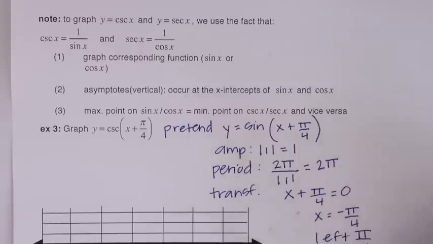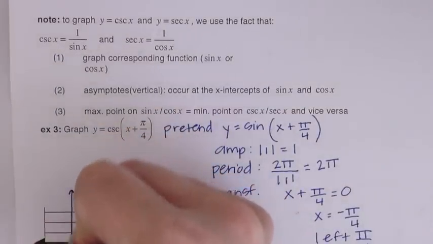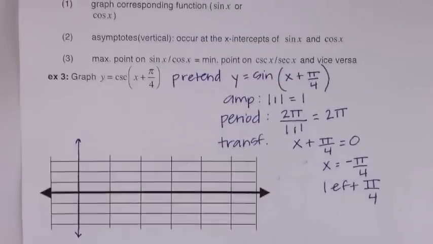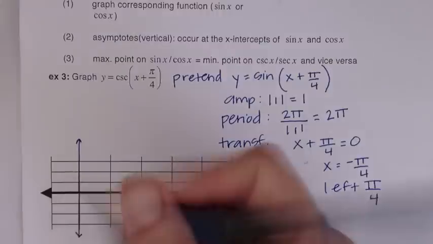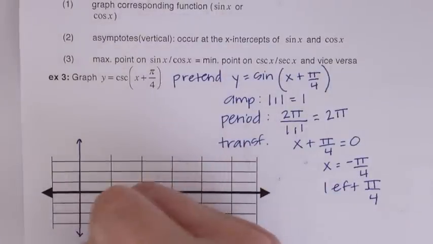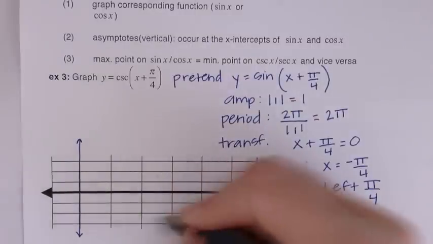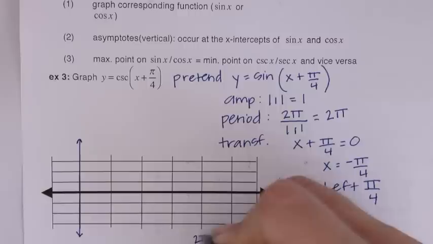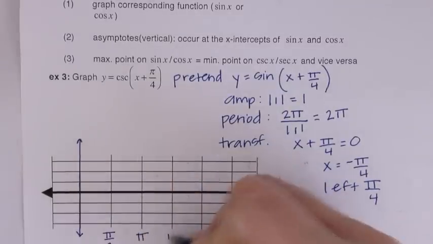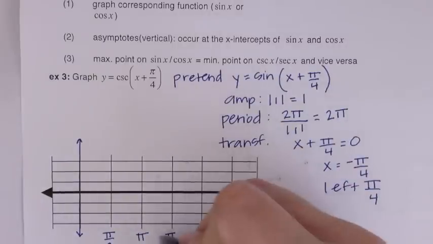So when we go ahead and set up our thing, we need to go left. So I don't really know how much pi over 4 is in increments yet, but I'm not going to put my line right at the beginning. So here's 0. My period is 1, 2, 3, 4, 2 pi, pi, pi over 2, and 3 pi over 2.